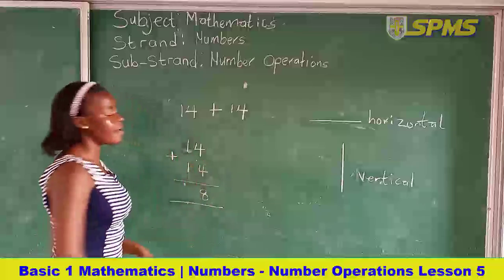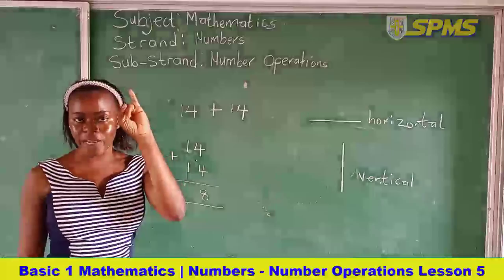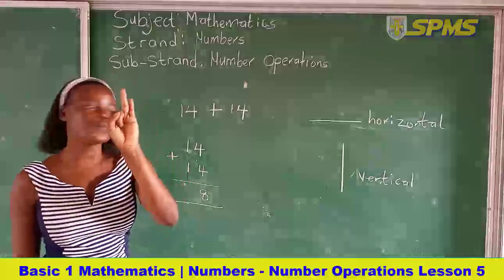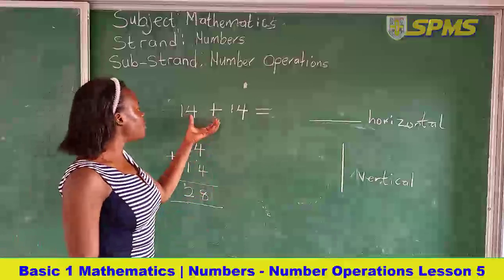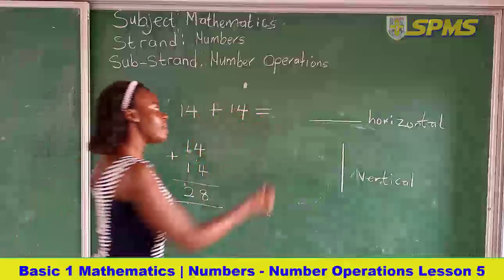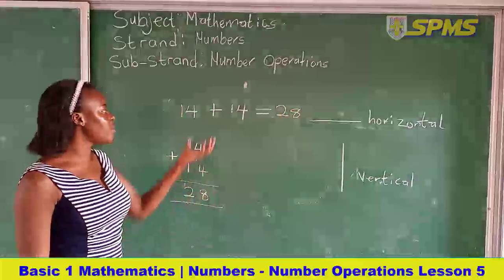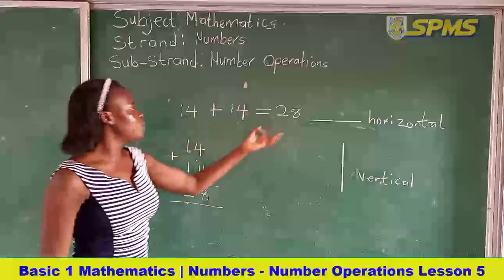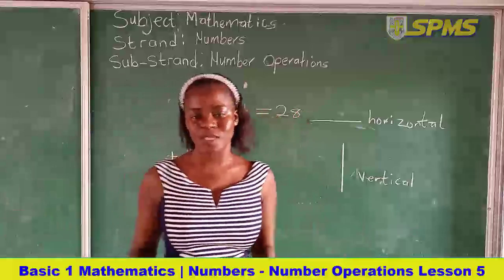You write your 8 here. Then 1 plus 1. You have your 1 there already. 1, 2. So 14 plus 14 will give us 28. When you add the addends together, you get the sum.